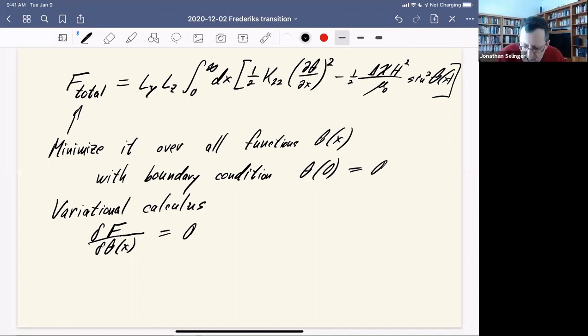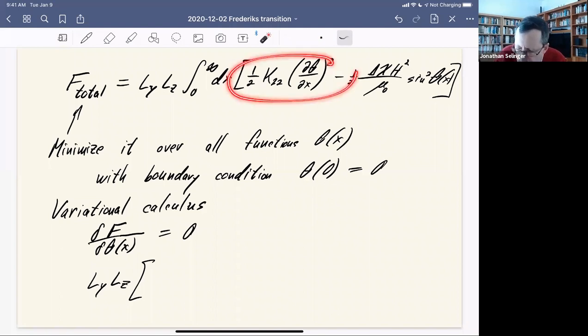There's a factor of Ly Lz in front of everything. Now we want to get the functional derivative of the first term. That is a first derivative squared kind of term. We know how to do that, by the integration by parts trick that I showed you earlier in the semester.